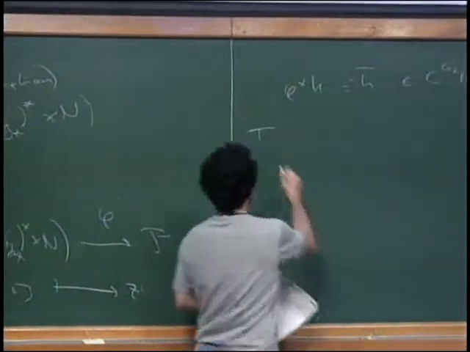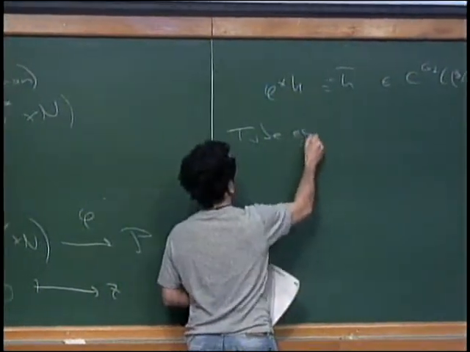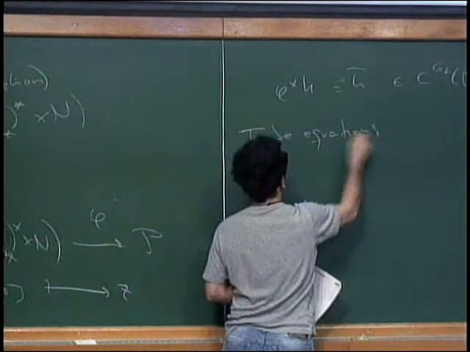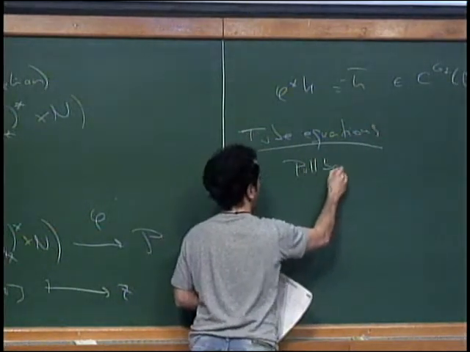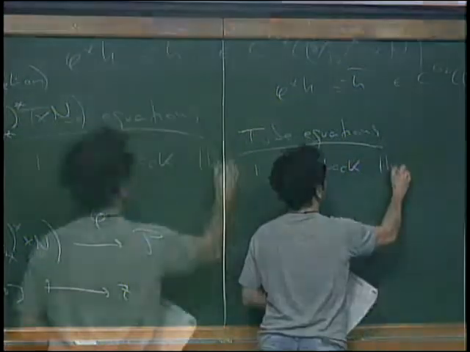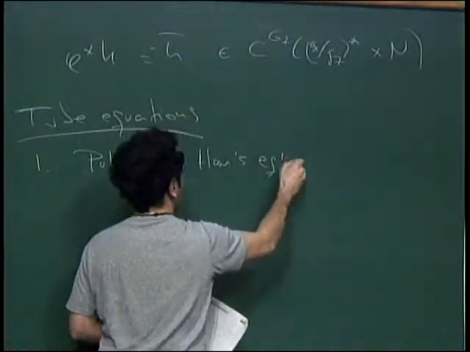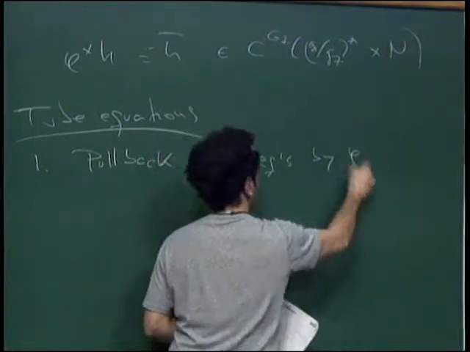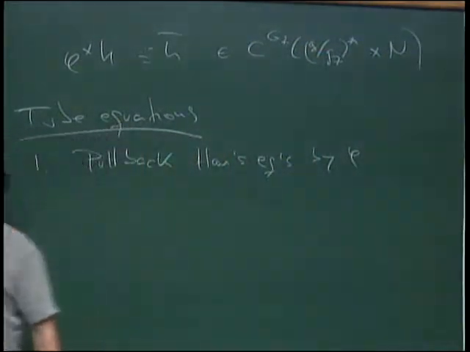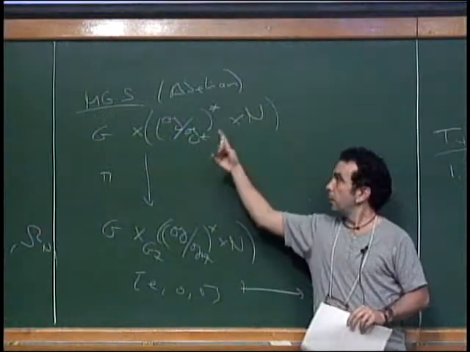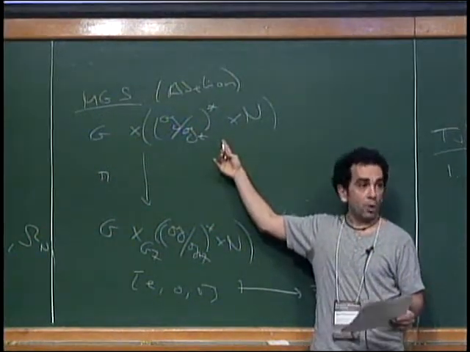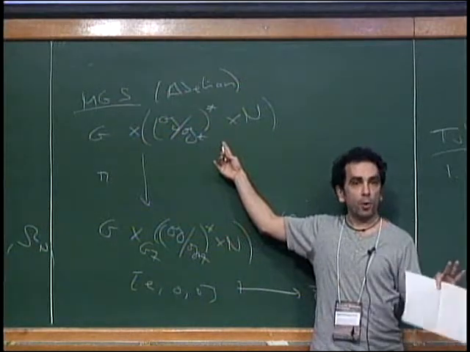That's the idea of the tube equations. So the idea is you pull back Hamilton's equations by phi, so you have a flow here, and then you lift it to this space, which is not a quotient, and it's simpler, it's just a three-way product.